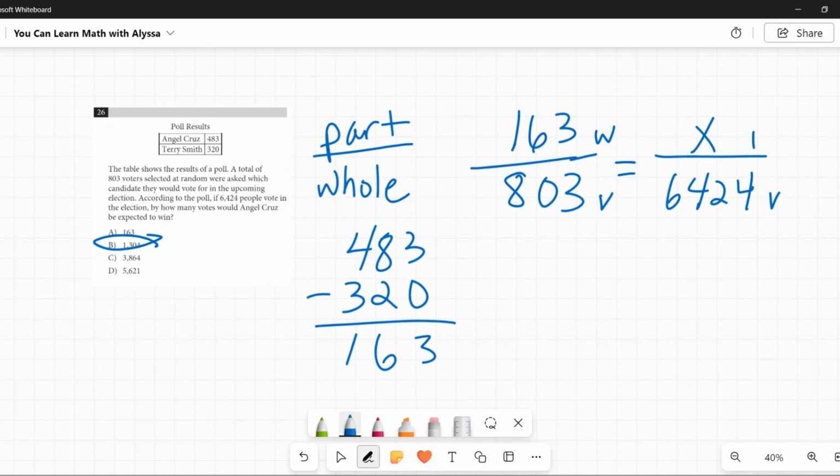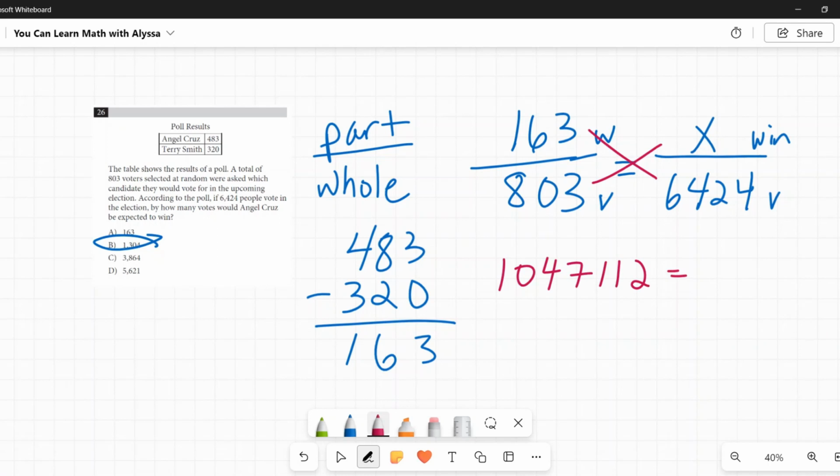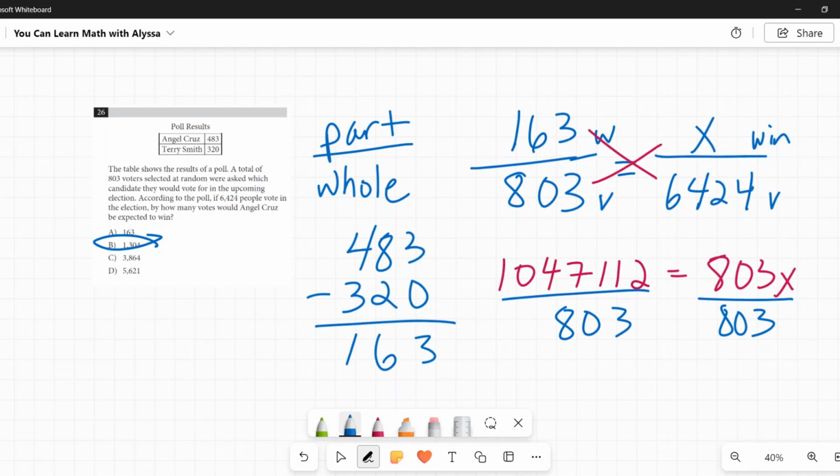And I want to know, how much does he win by? Same sort of thing. We would cross multiply, and 6,424 times 163 is 1,047,112. Then 803 times x is 803x. Then I would divide both sides by 803, and x is equal to, once again, 1,304.